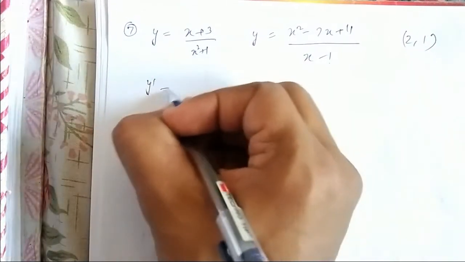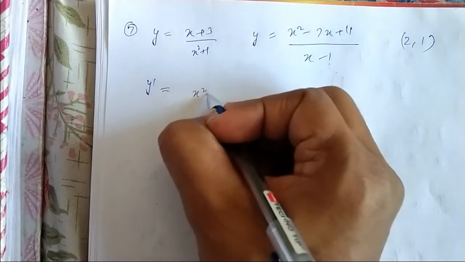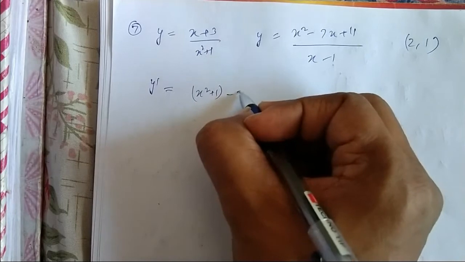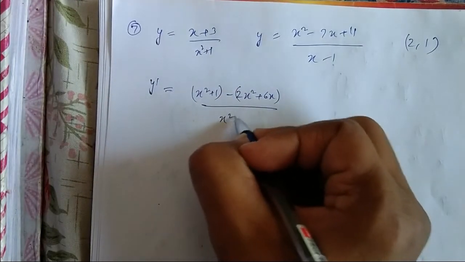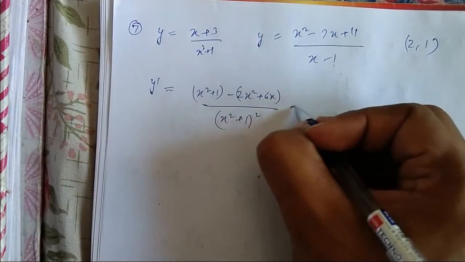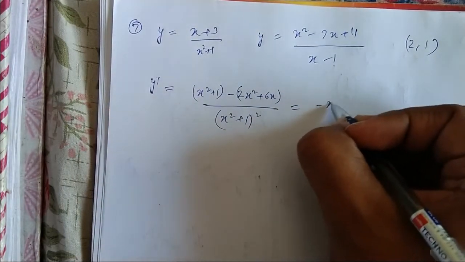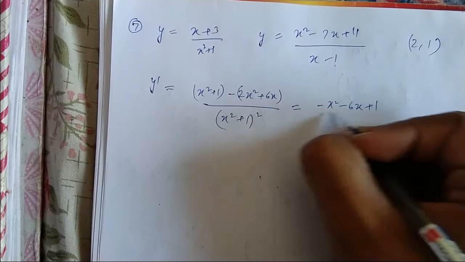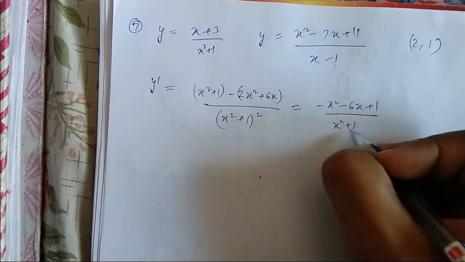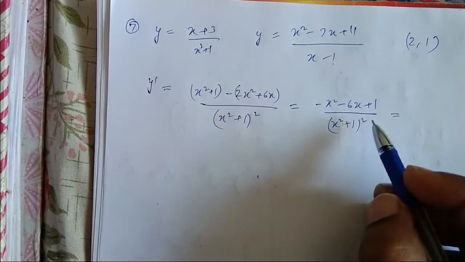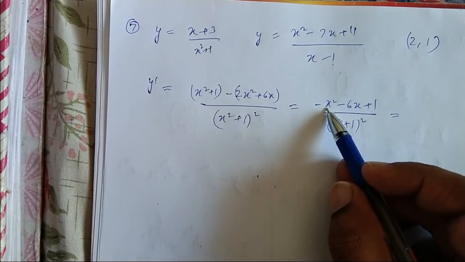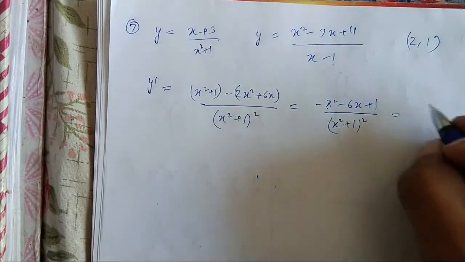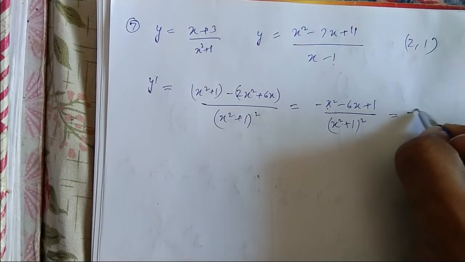So y dash for this would be x square plus 1 minus 2x square plus 6x, so minus x square minus 6x plus 1 upon x square plus 1 whole square. At x is equal to 2, this would give us the value minus 3 by 5.